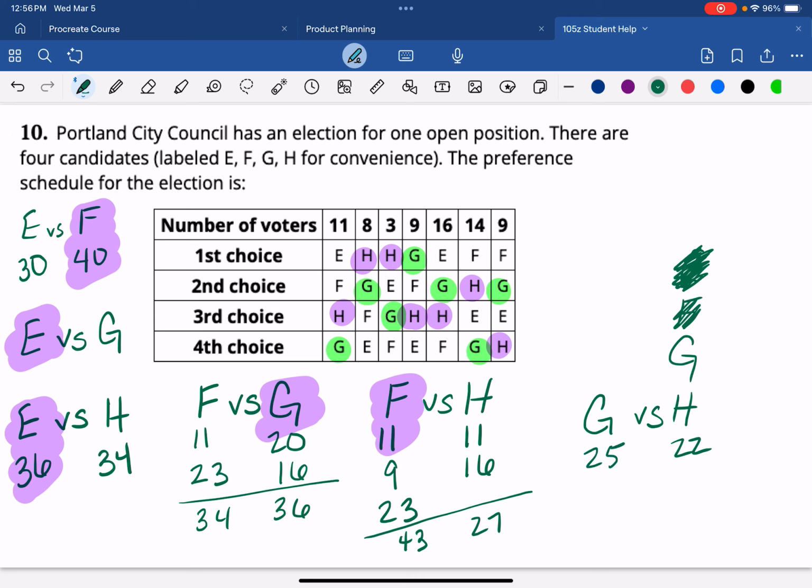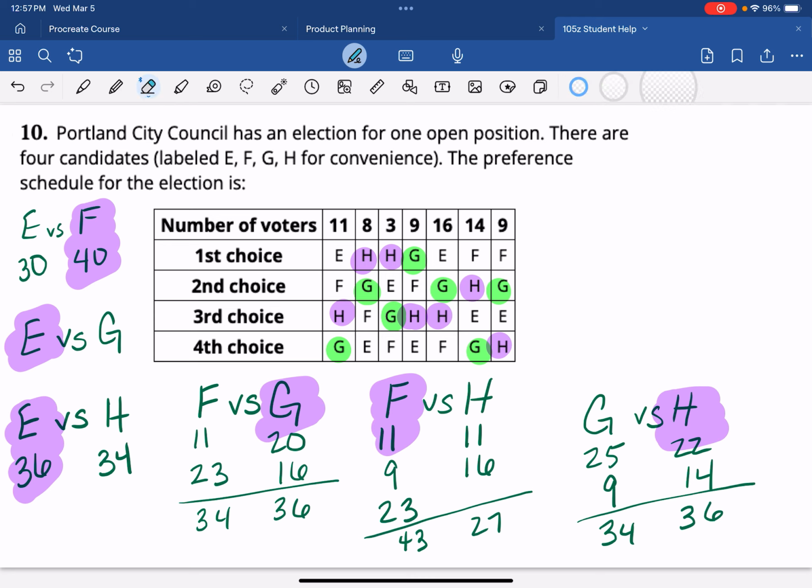The next column, H is preferred for 19, and then for 14. And then the last one, G, is preferred for 9 votes. This gives us 34 votes and 36 votes, giving H the most votes between those comparisons, meaning that H would be preferred over G.